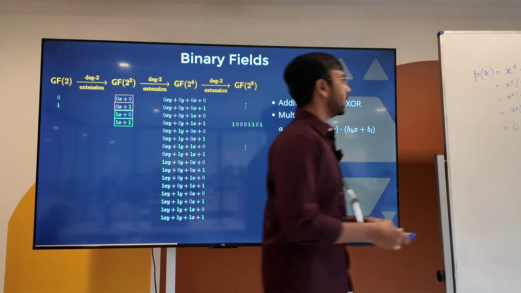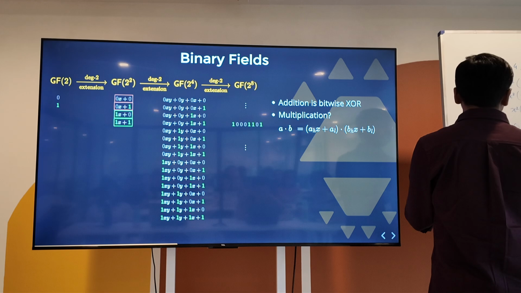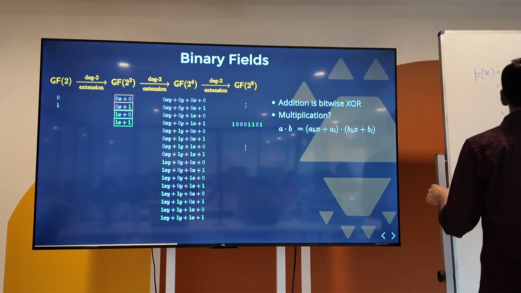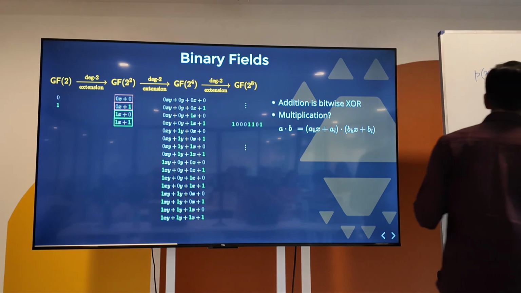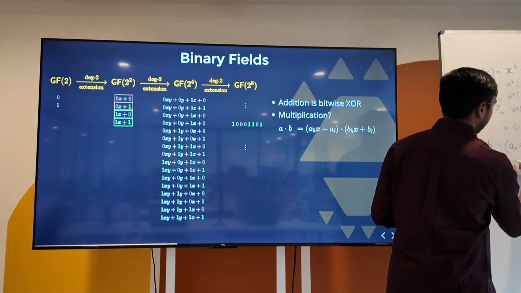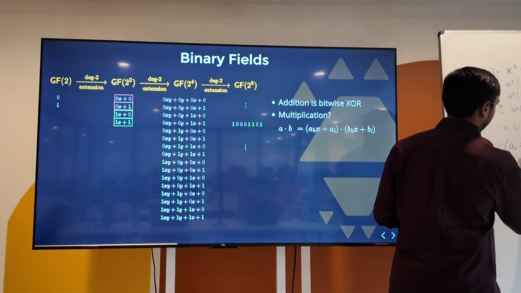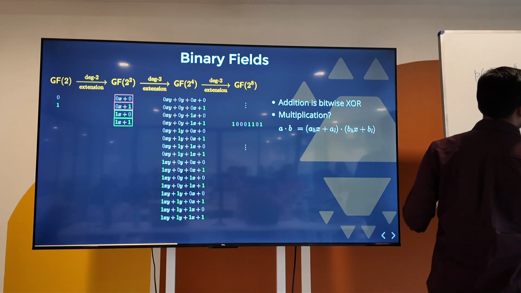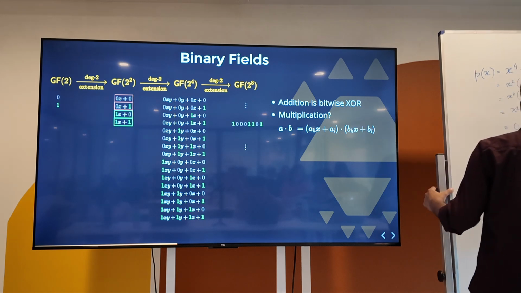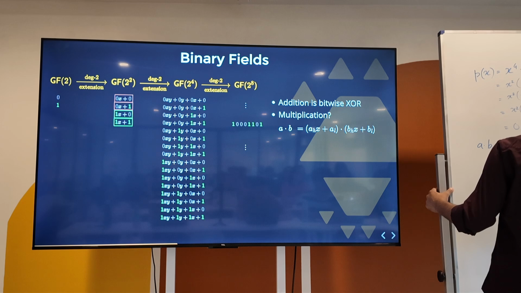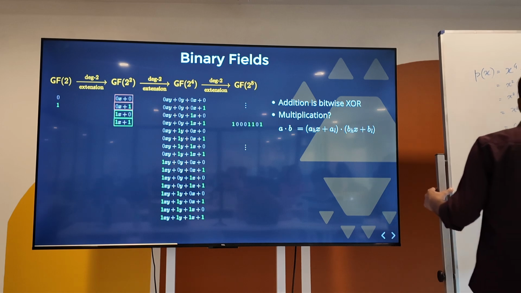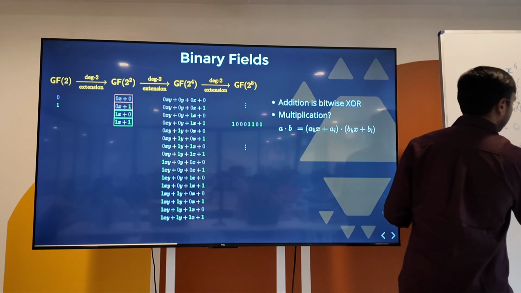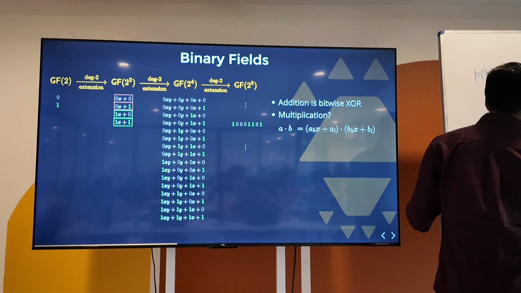I'll quickly show it, because it's actually very important to our discussion. Let's just call these A0, A1, B0, B1, and we'll do the naive thing first. This is the part that we want to simplify.